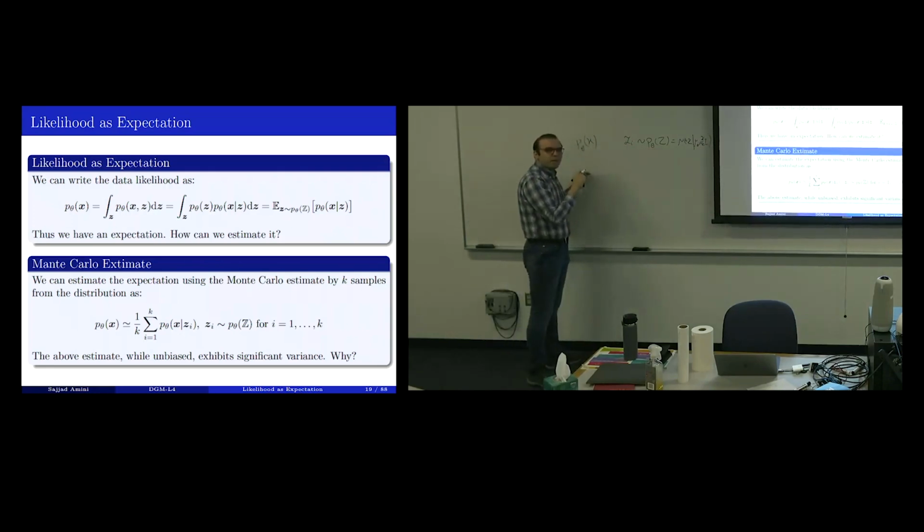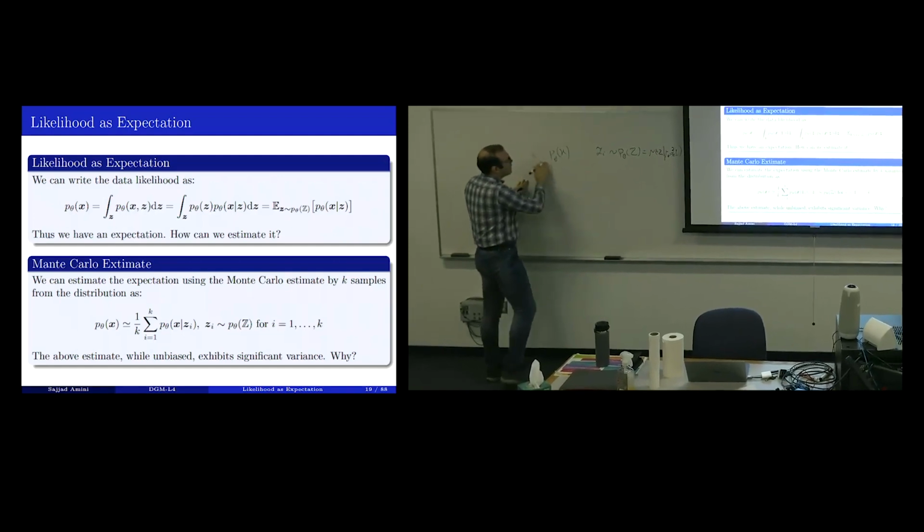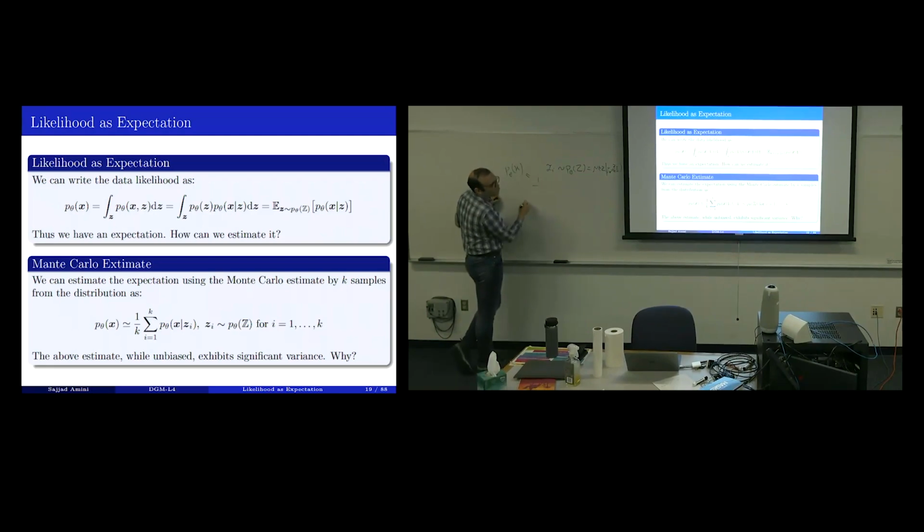Then Monte Carlo estimation says that this p theta of x equals 1 over k, the summation over i of p theta of x given z_i. Is it easily calculated?